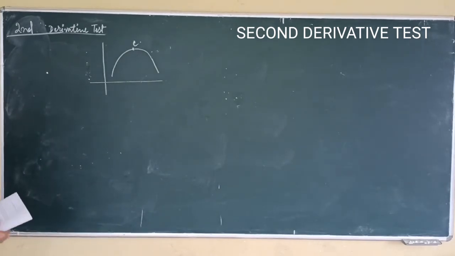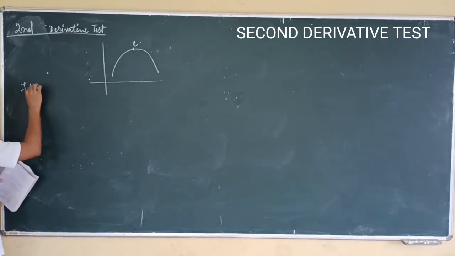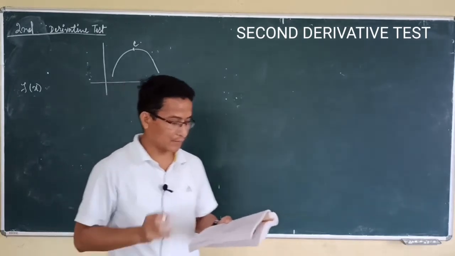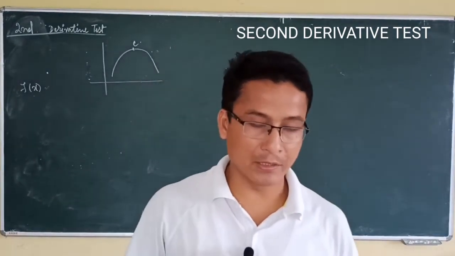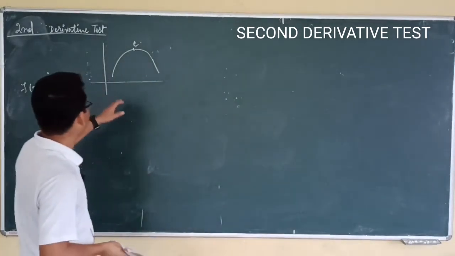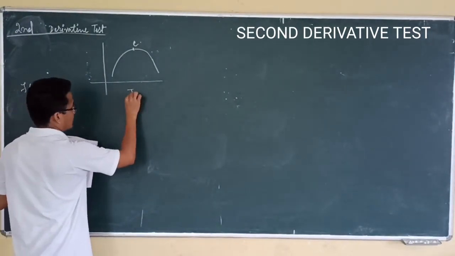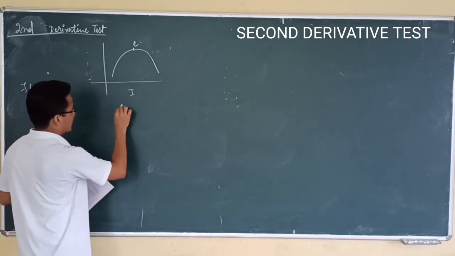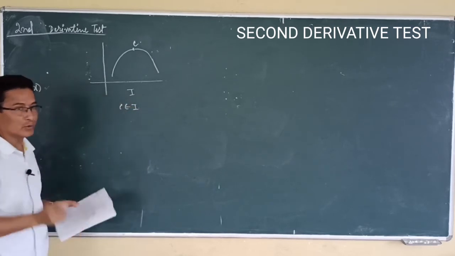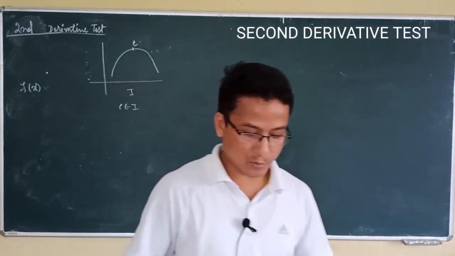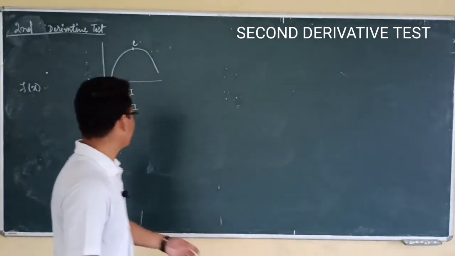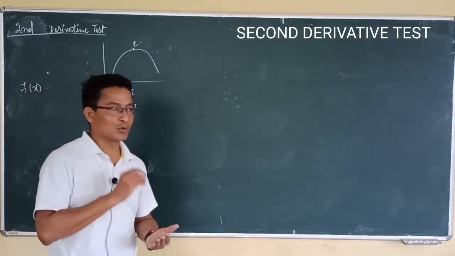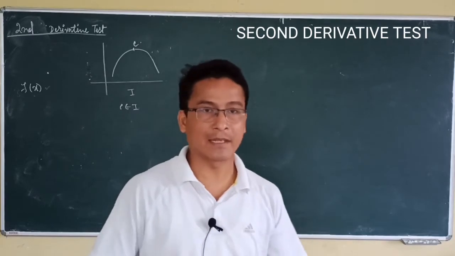So what does the second derivative test say? If a function f is defined on interval I, and there is some point C which belongs to I, then f is twice differentiable at C. Means whatever the critical point value, at that point we do the second order derivative.